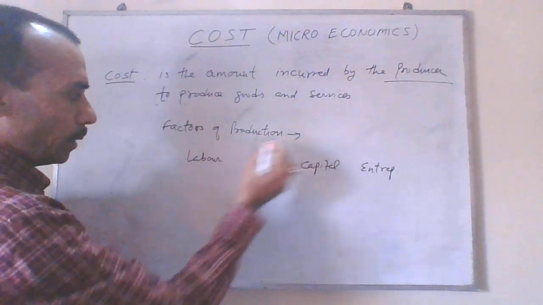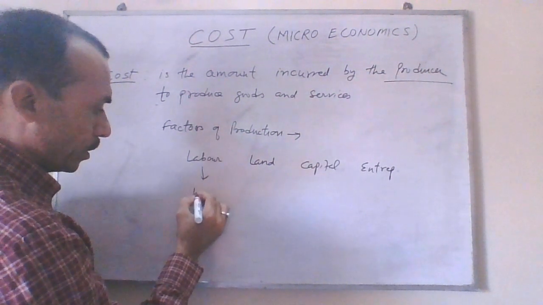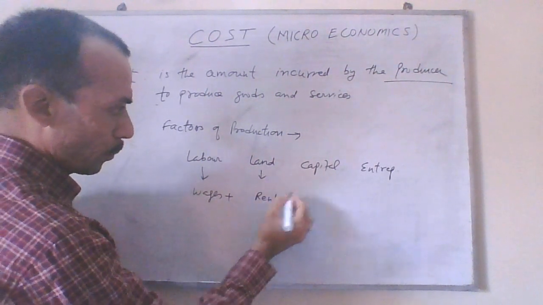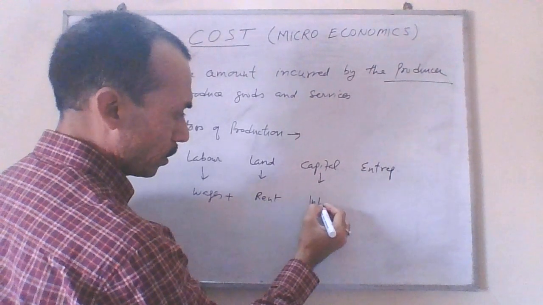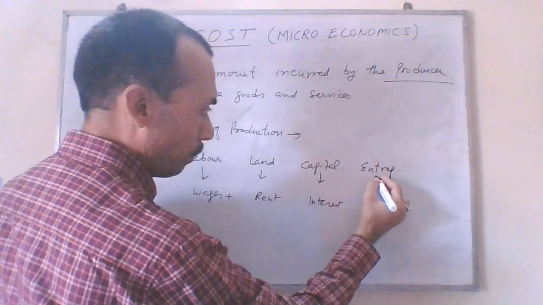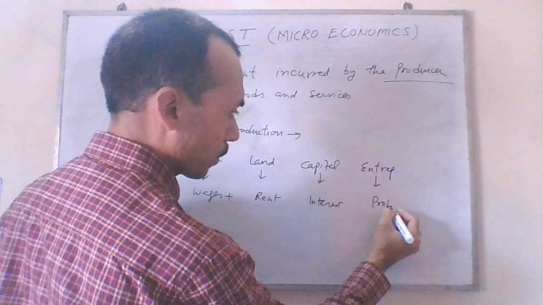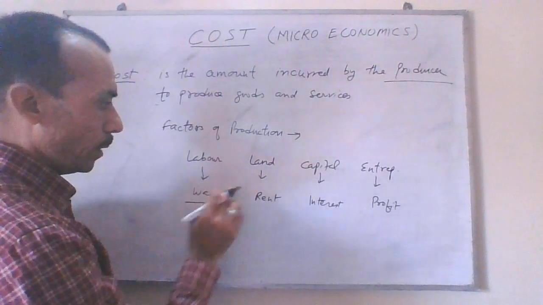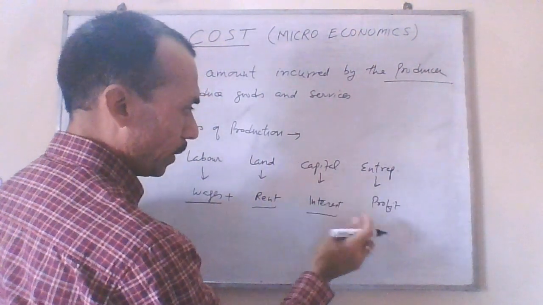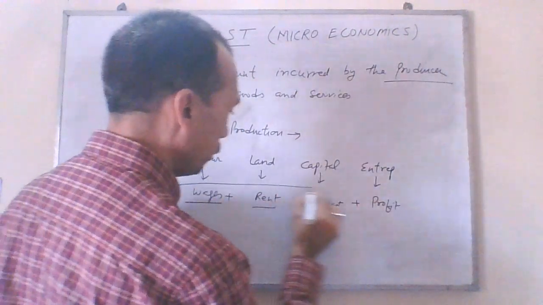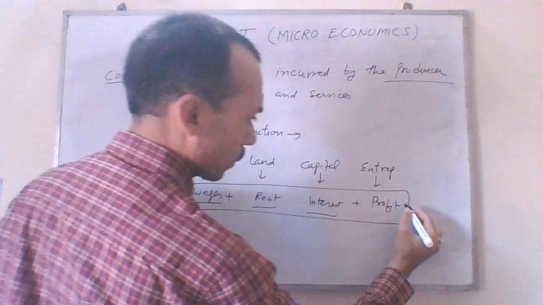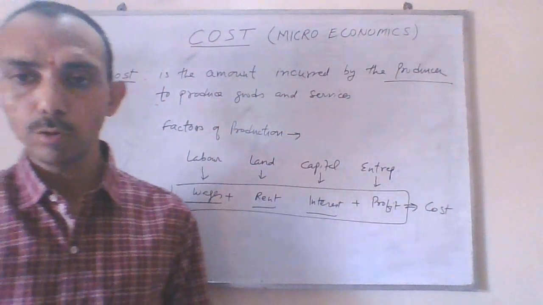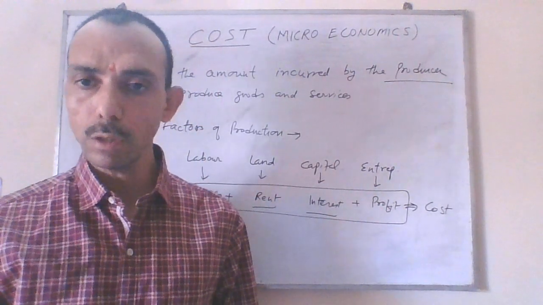So whatever the amount paid by the producer to labor in the form of wages, land, rent, and compensation to capital in the form of interest, and compensation to entrepreneurs in the form of profit. So the sum of all this is known as cost. The amount incurred by the producer to produce goods or services is known as cost.